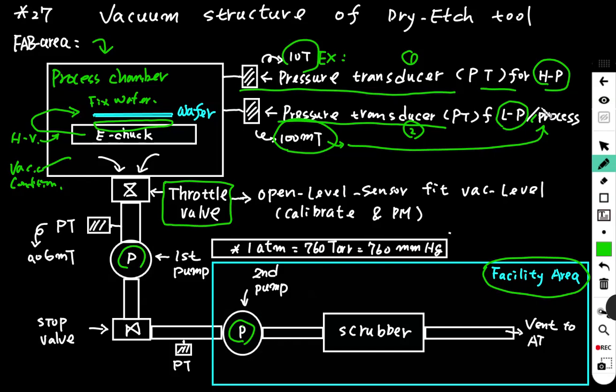We use it to measure the process pressure. The process pressure is very low. So the number one pressure transducer just makes sure of the chamber pumping condition, and the very low pressure transducer measures the process pressure.